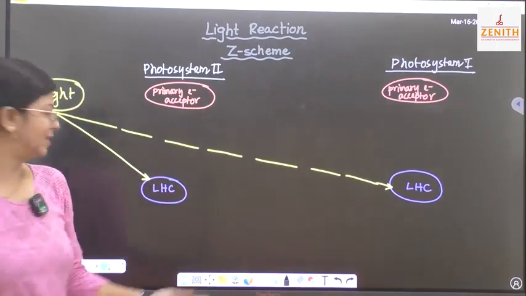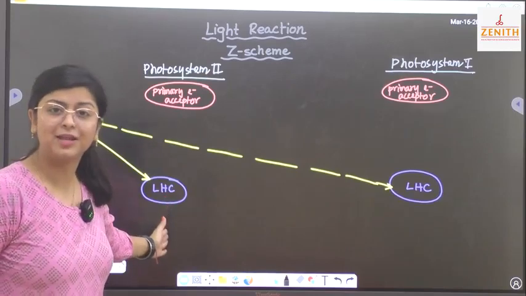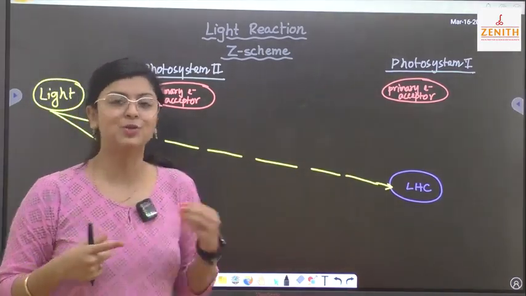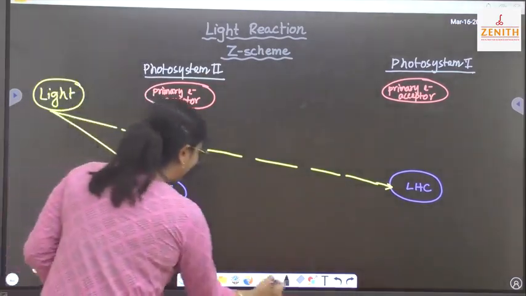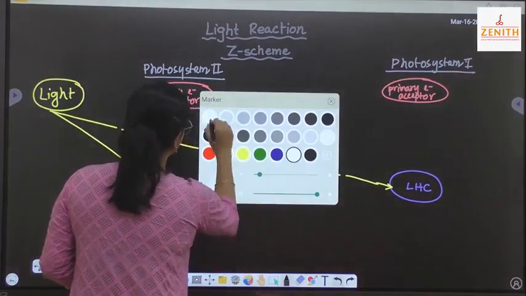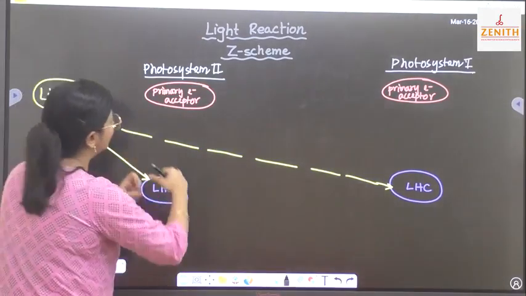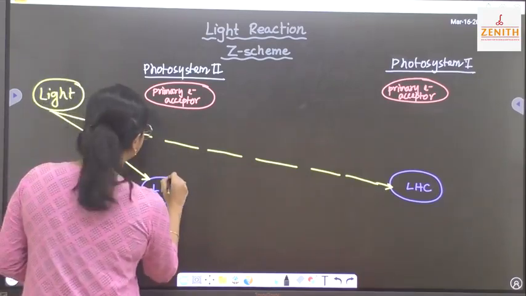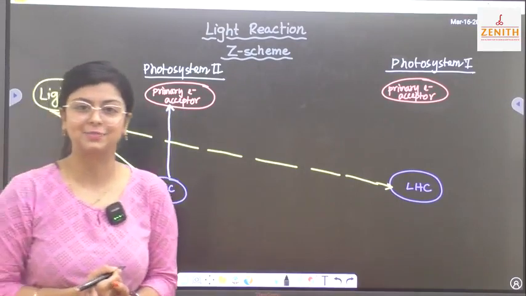Okay, so it will be activated when it absorbs 680 nanometer of light, and we know what it will do. It will release the electron, so that the electron will now be in the primary electron acceptor. So the LHC of photosystem 2, when it absorbs light of 680 nanometer, is getting excited, and now it is giving its electron to the primary electron acceptor.